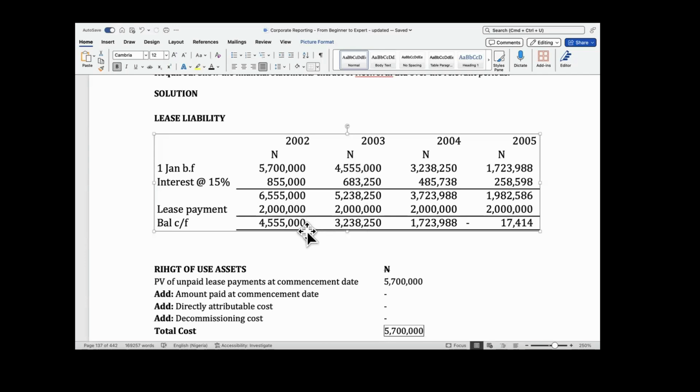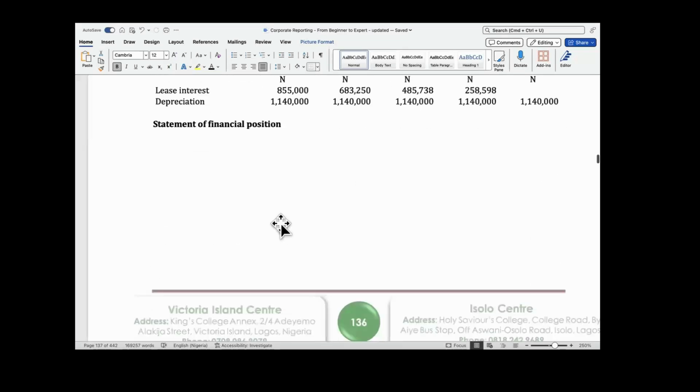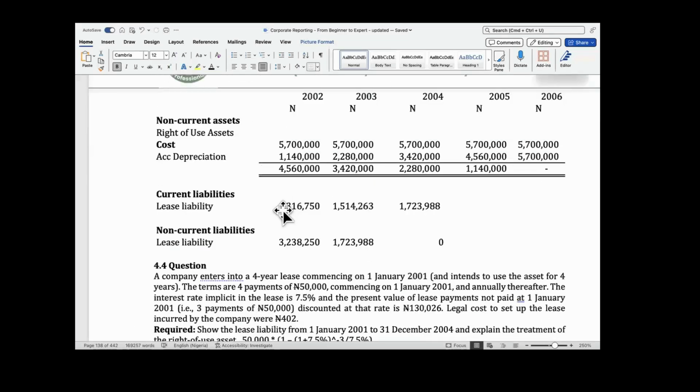So the difference between the 4.5 and 3.2 is the amount you will have settled. So we can say that's the current liability portion of this 4.5, which is this 1.3 that you are seeing here under current liability. The balance is the 3.2, which is the one that will be settled much later in the future. And that is the non-current portion. That was what I explained.